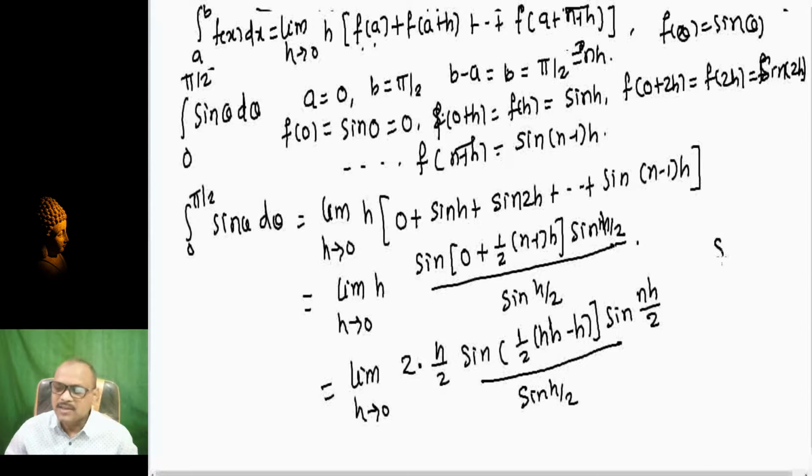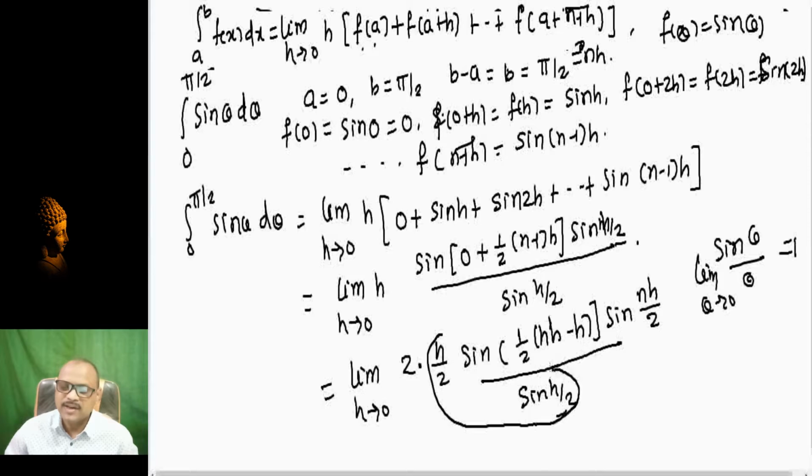Again we know that the limit of sine theta divided by theta when theta tends to 0 equal to 1. If we take theta equal to h by 2, then this is the same as sine theta divided by theta and its limit is equal to 1 in the limiting case. So let us apply this limit.